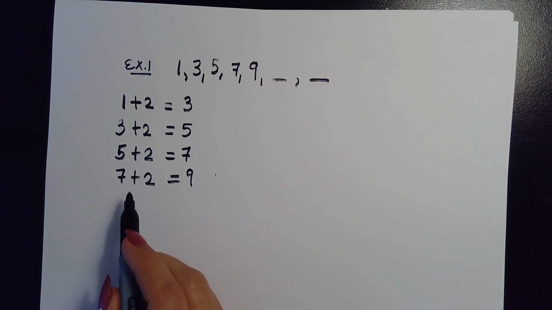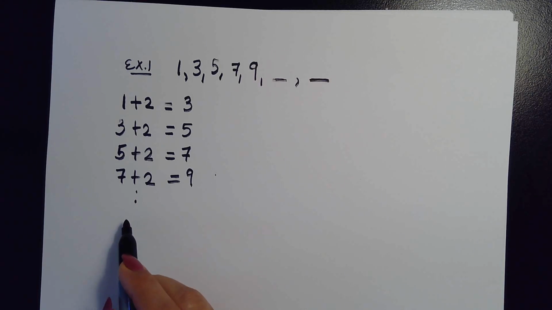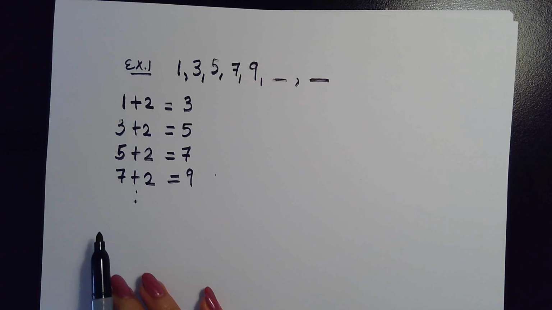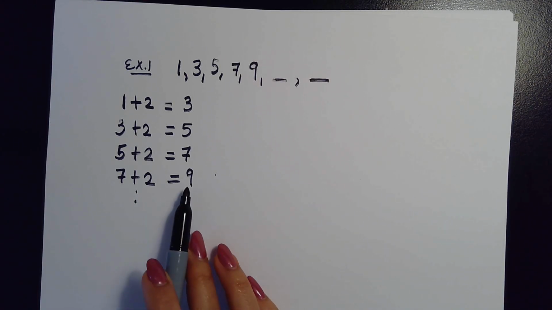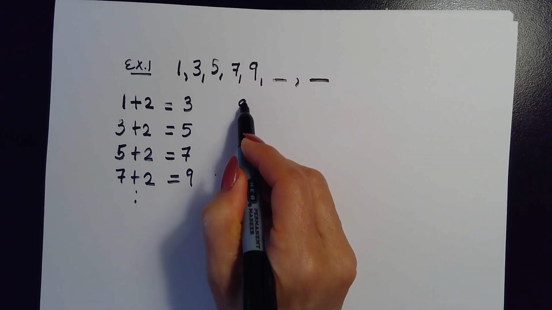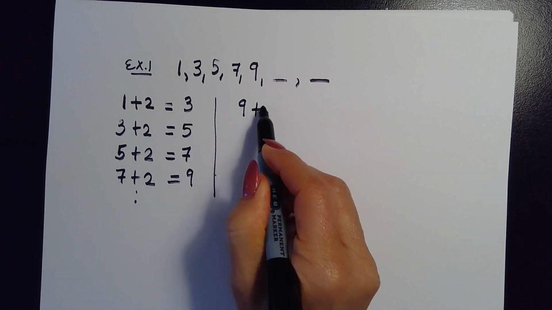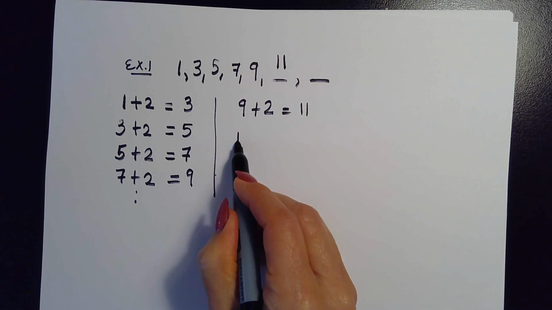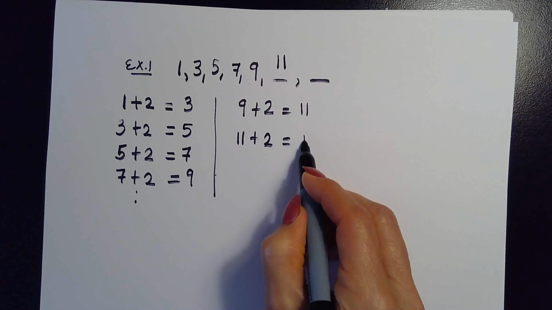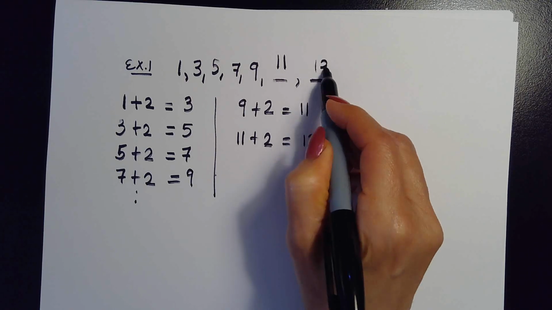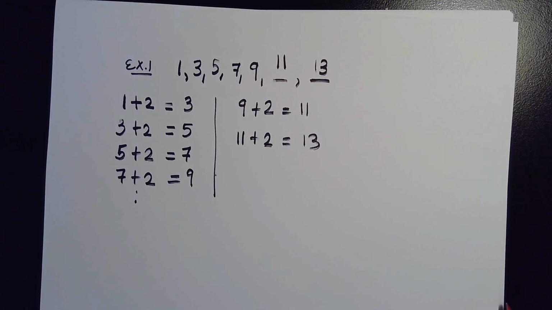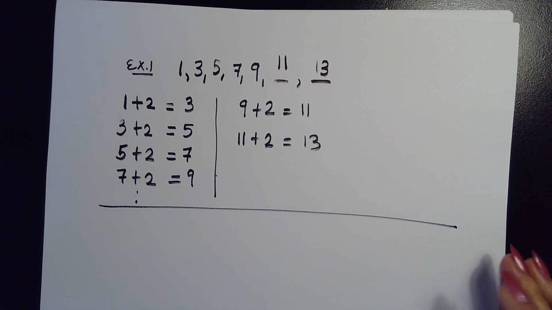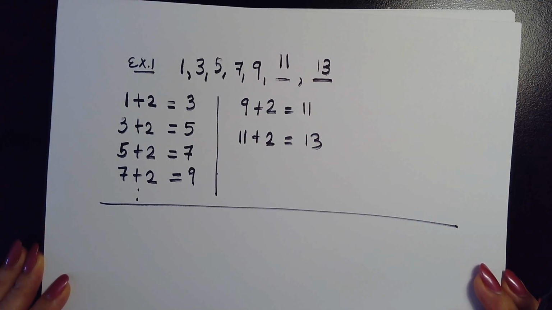So we can determine that the next two items will be: taking 9, 9 plus 2 will give me 11, and then taking 11 plus 2 will give me 13. So 11 and 13 are the next two items. Okay, so that is one example.